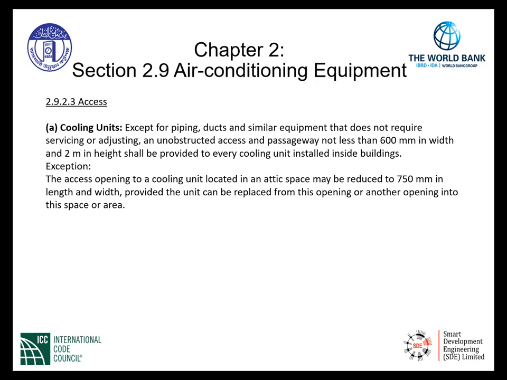So the exception provides a limitation such that you don't have to go with the full height of 2 meters as long as you've got acceptable working space located in the access space to the attic to maintain this minimum criteria.